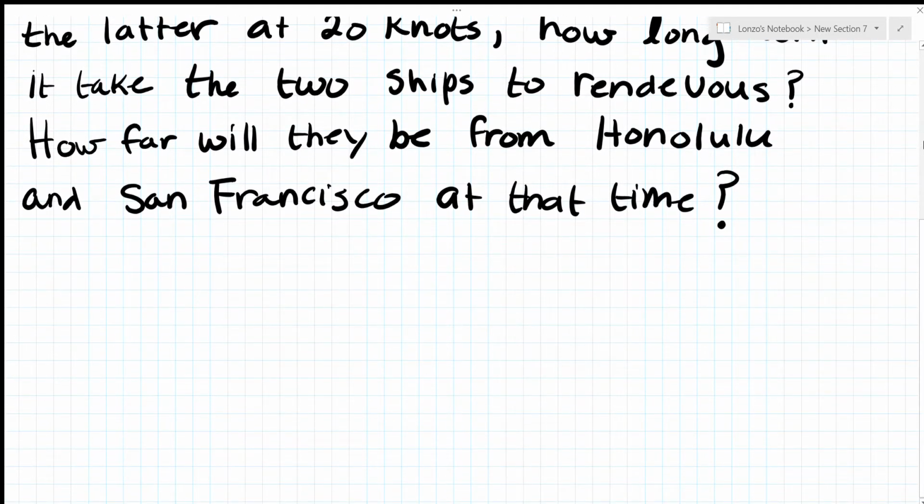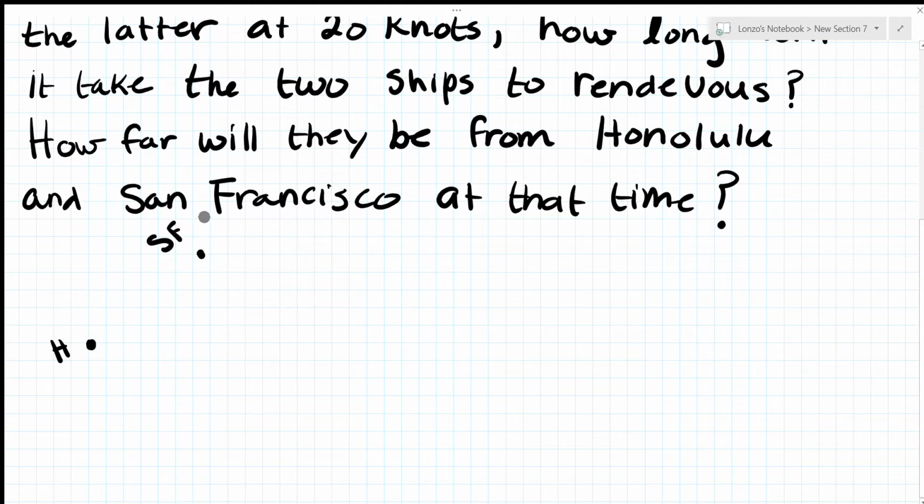So the first step is you always draw a visual. So let's draw a visual. We'll call this point Honolulu, I'll call it big H, Honolulu, and then over here we have San Francisco, SF.